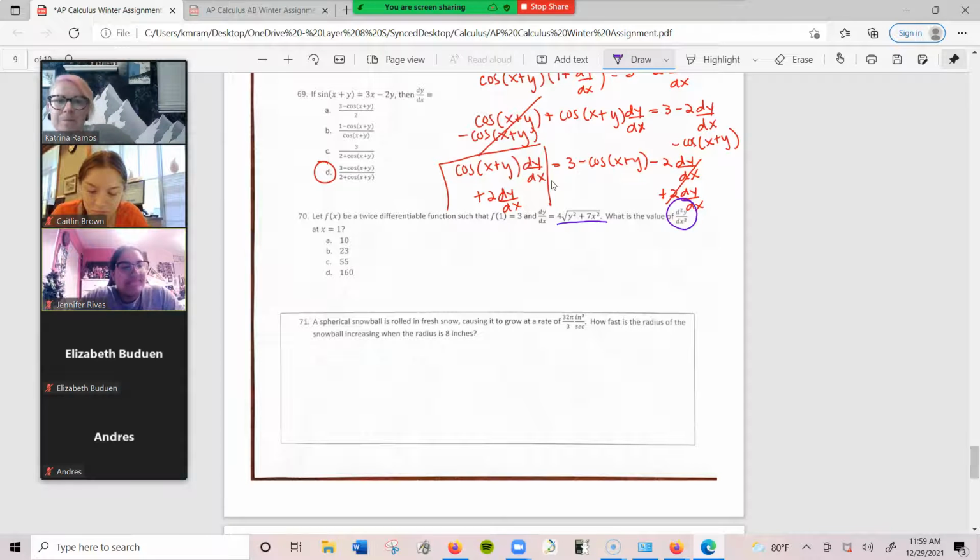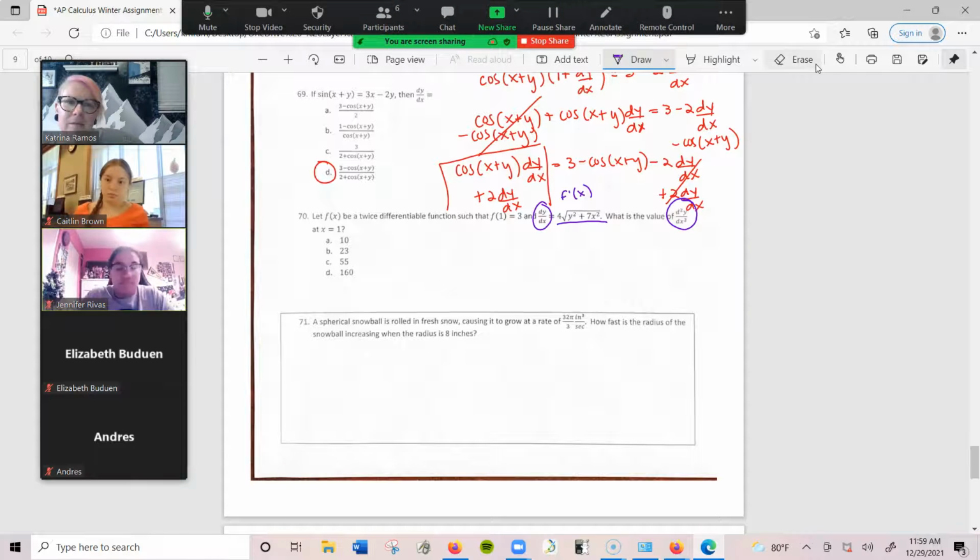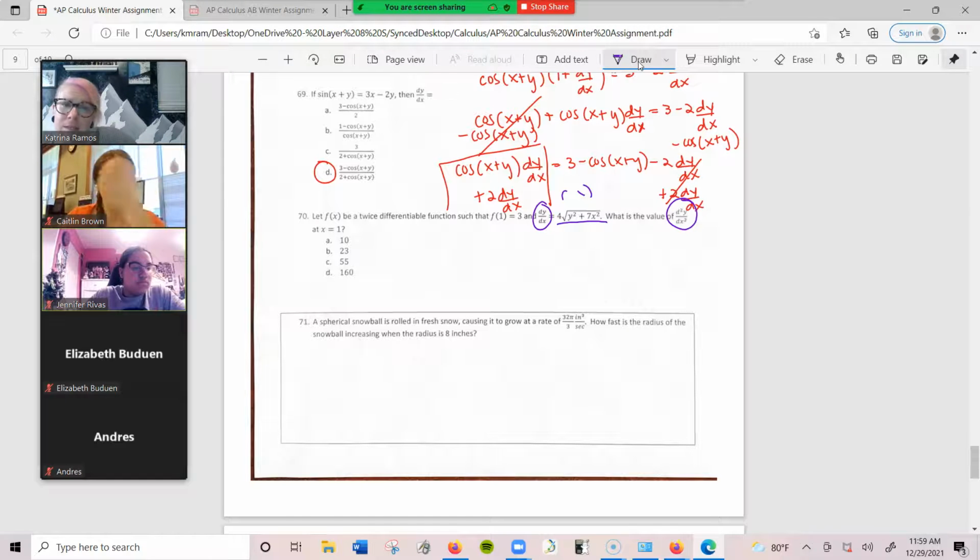Okay. So I'm just going to label it, to make my work understandable, as f prime of x. Actually, no, I'm not going to do that. Ignore that. We're just going to jump right in. So I like to rewrite this as 4y squared plus 7x squared raised to the 1/2, because of that square root.